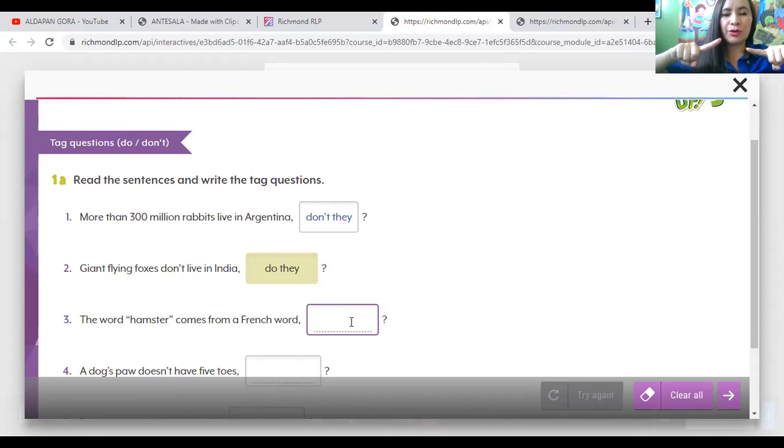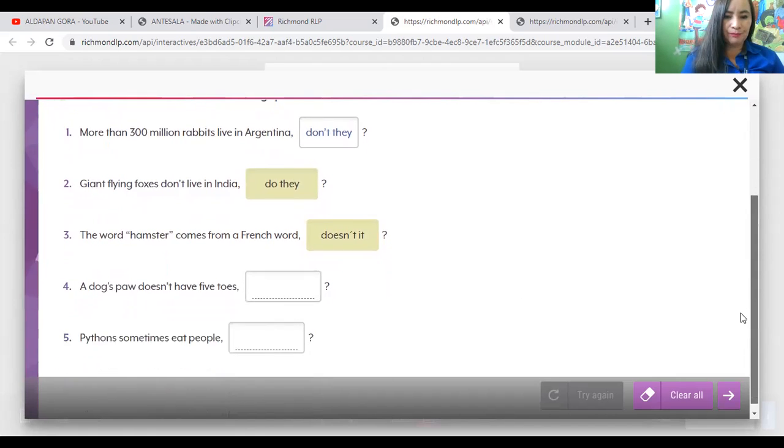For singular, you're gonna use doesn't it. The word hamster comes from a French word, doesn't it? For third person singular, you're gonna use does. Does it or doesn't it?